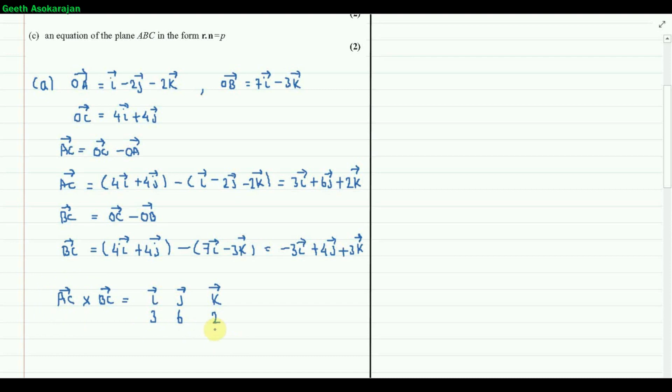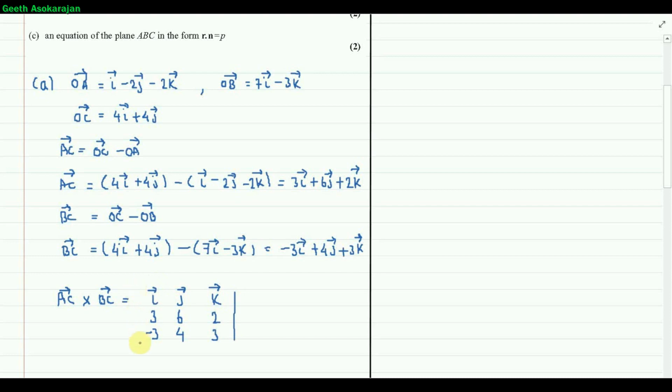And in the third row of this determinant, you would write down the coefficients of i, j and k in the vector BC. So the coefficients are -3, so we write down -3 here, +4, so we write down +4 here, and +3.